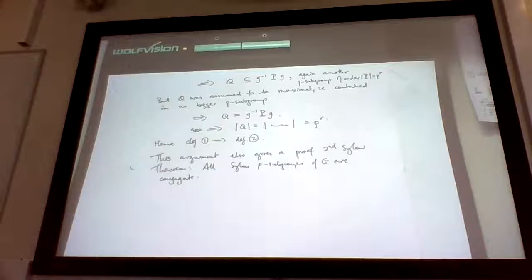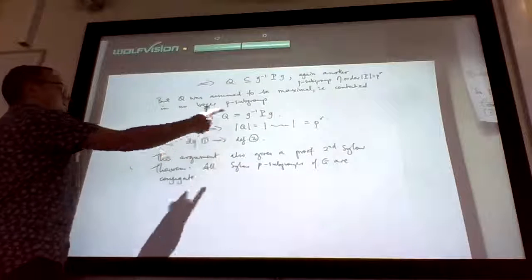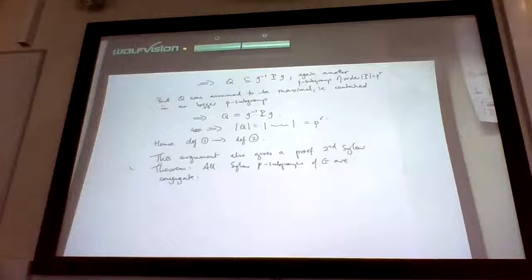Given any two of them, you can find an element little g that will conjugate one to give you the other. And the point I was making was the proof of it is exactly this argument that we just went through to prove that definition 1 implied definition 2. So I think the addition needed in this chapter 15 is just to straighten it out a little bit.